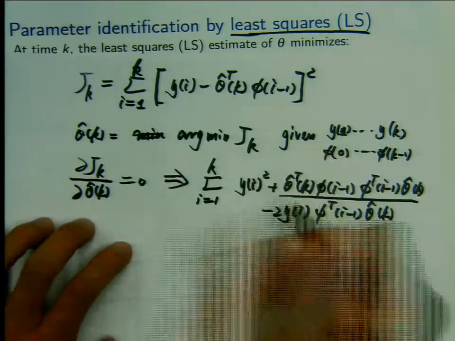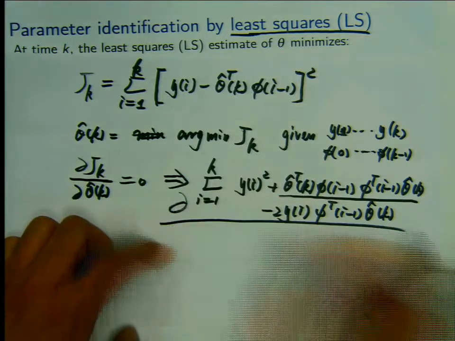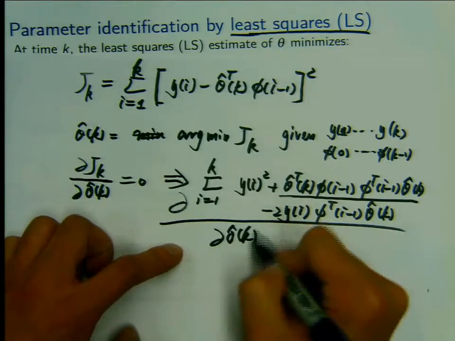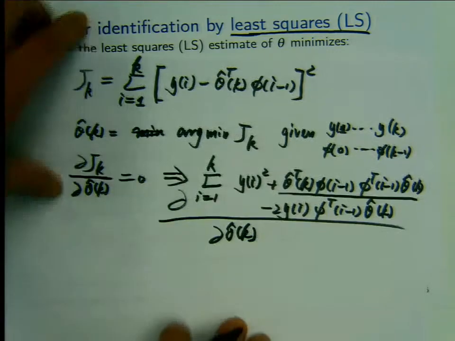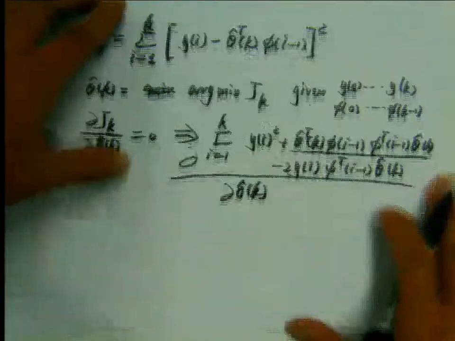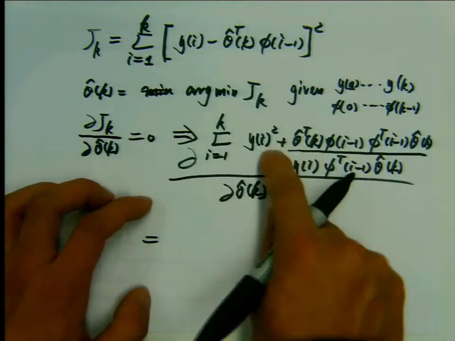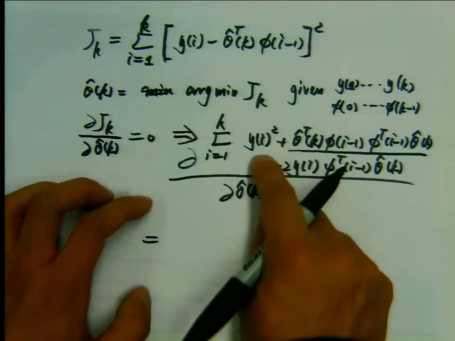So take the partial derivative of this whole thing with respect to this guy, and then set it to 0. Let's do this very quickly together. The first term doesn't depend on theta hat, so its partial derivative is 0.